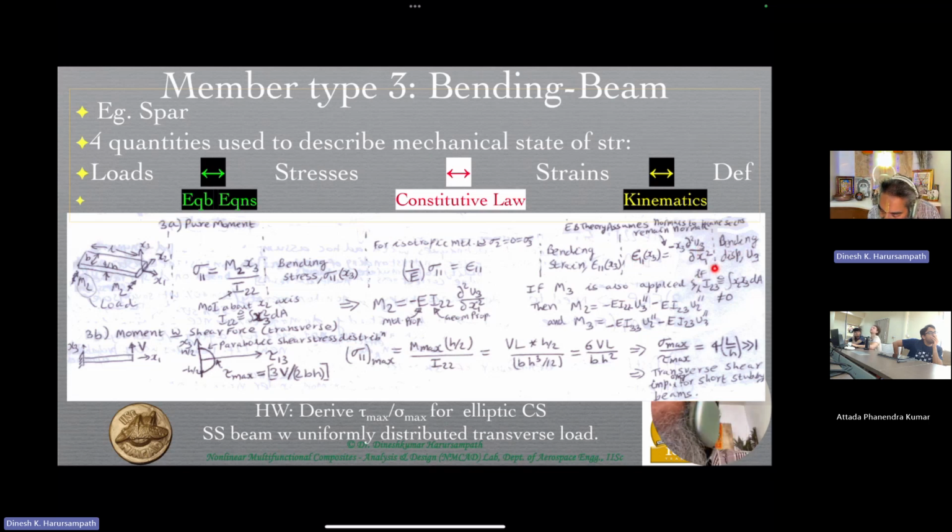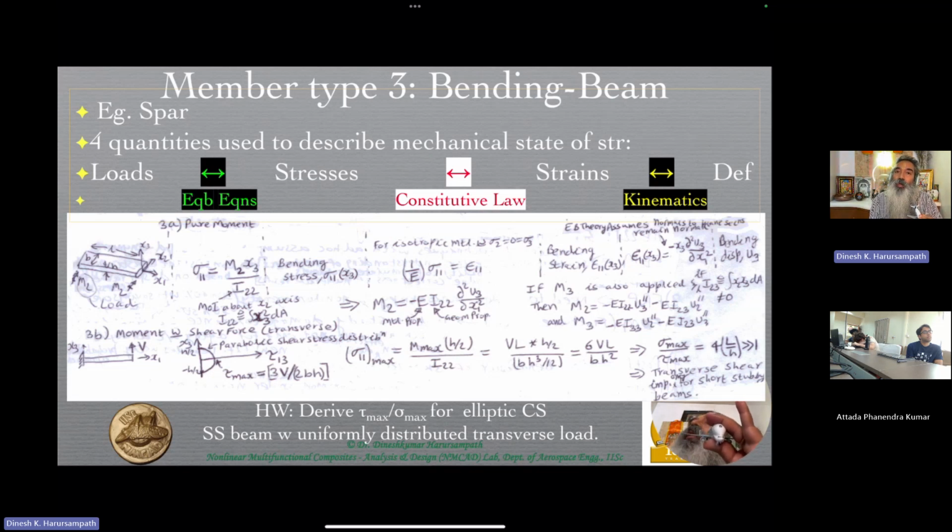So in this particular case, it so happens that once again gamma 11 is of course u1 comma 1. But u1 is related to u3 because the dominant reason why the axial movement is happening is because when you're trying to bend this, there is a curvature that is happening, and that curvature is what causes a particular cross section to shift its x1, and that is related to u3 because of the particular assumptions that we introduced.